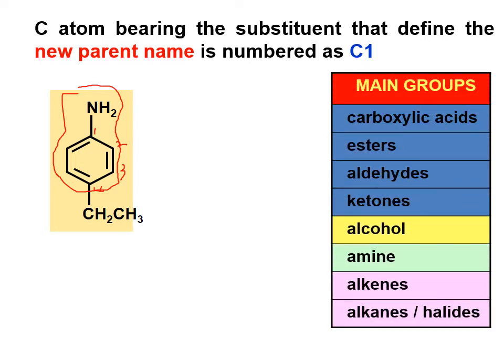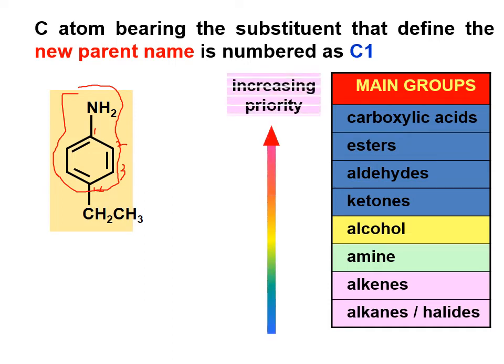So these are the cases when there are different functional groups attached to the benzene as the substituent. The priority will increase from alkanes to carboxylic acid.